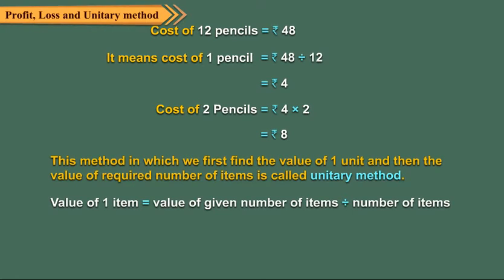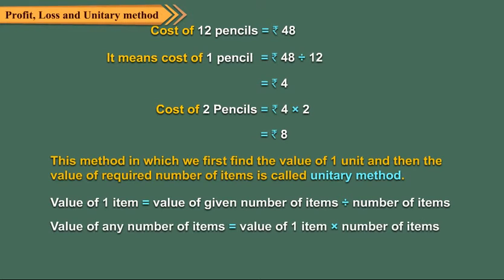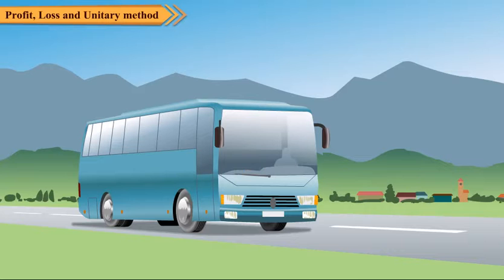To find the value of one item, we divide the value of the given number of items by the total number of items. To find the value of any number of items, we multiply the value of one item by the number of items. Here note that to get less, we divide, and to get more, we multiply.